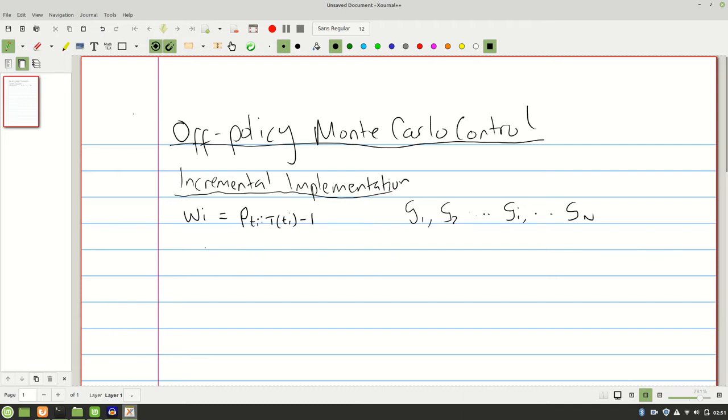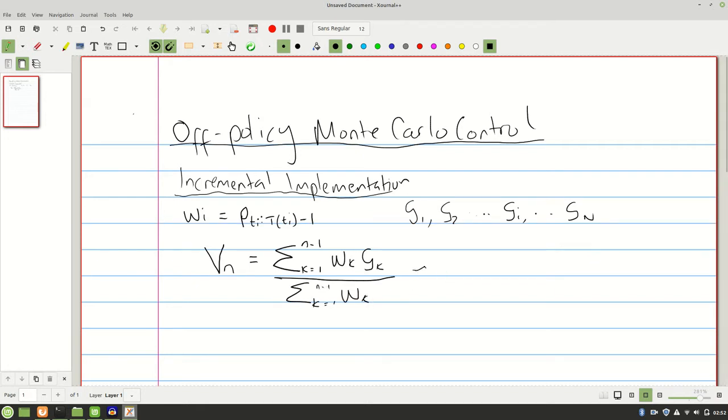So we said that we estimate the value function, Vn, as the summation from k equals 1 up to n minus 1 of Wk Gk, divided by the summation from k equals 1 up to n minus 1 of Wk.